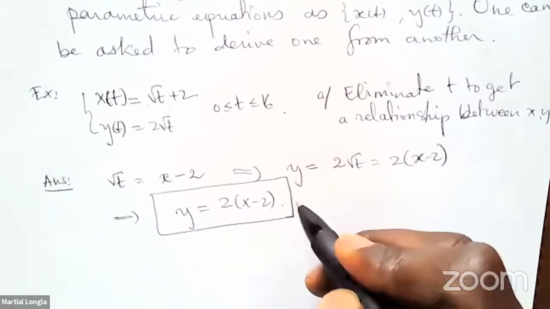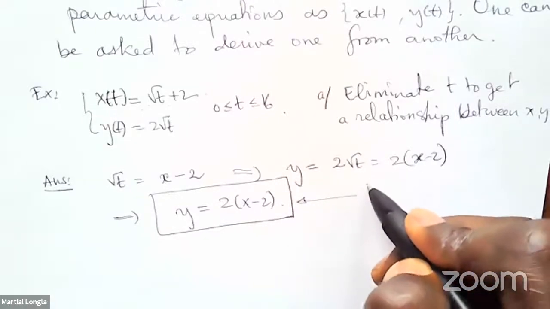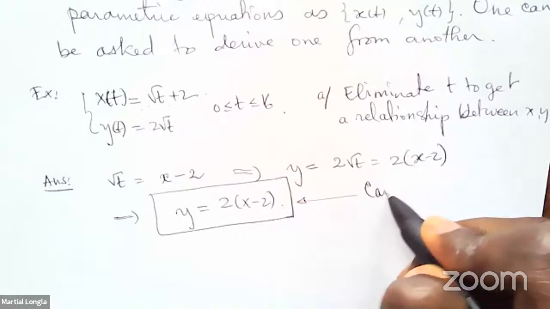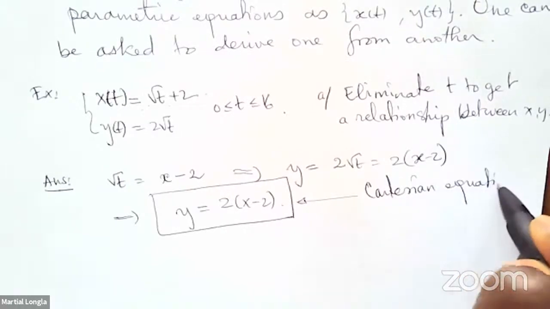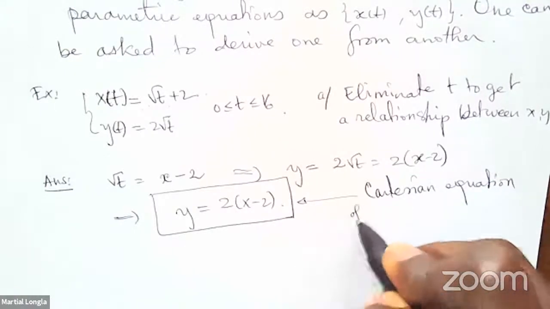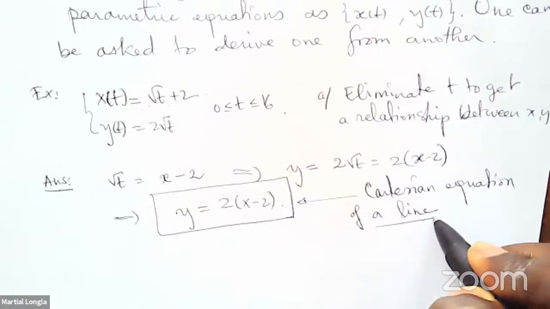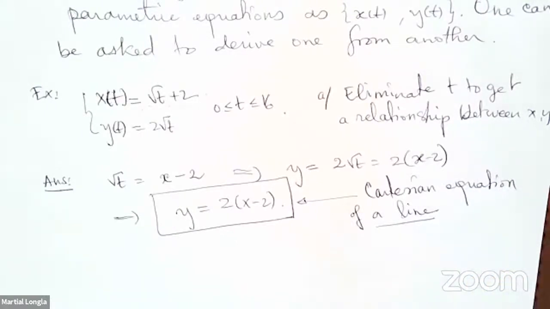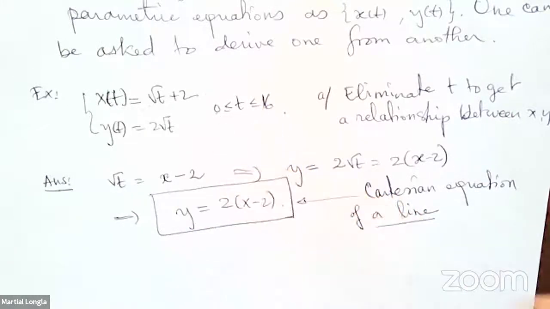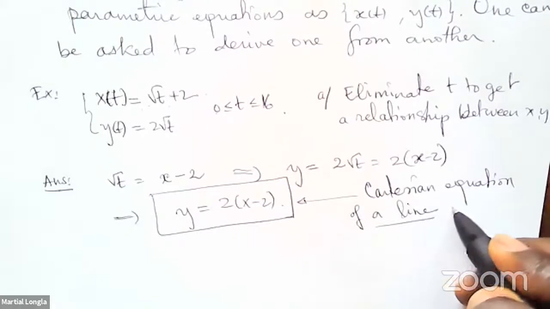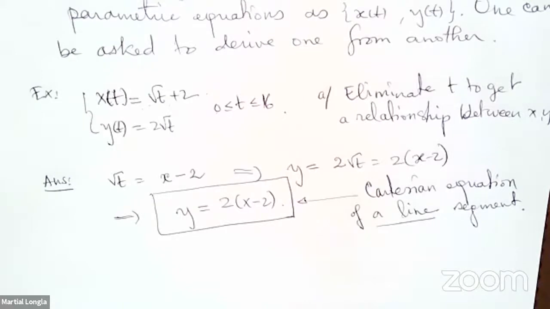This equation that we got here is also an equation of a line. This is the Cartesian equation. Now, given that t is from 0 to 16, so it's not negative infinity to infinity, it's going to be a line segment. And now, why did I pick this example?